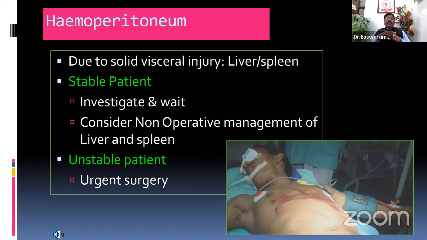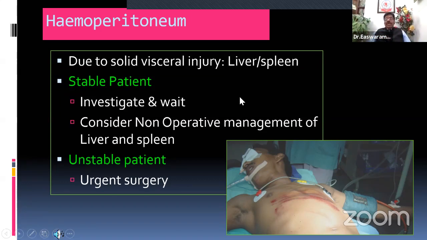So provided the patient is not becoming more and more hypotensive and the hemoglobin level is not dropping any further, you have to wait and do more investigation like ultrasound, CT abdomen, or, for undergraduates, I would say, a diagnostic peritoneal lavage, DPL, all those things, and try to manage these patients, if possible, without surgery.